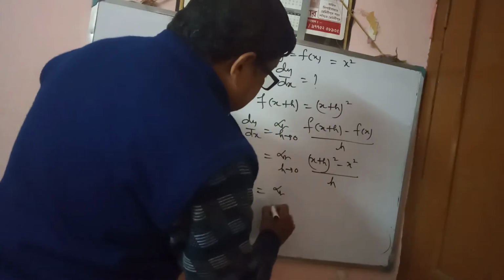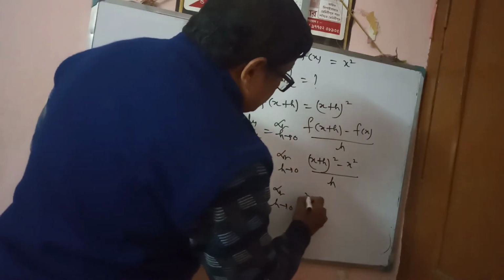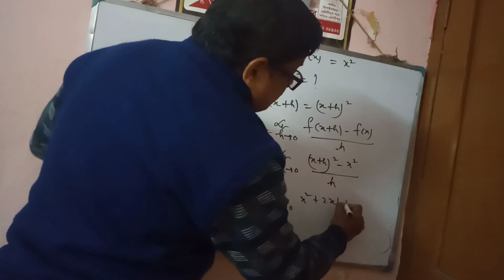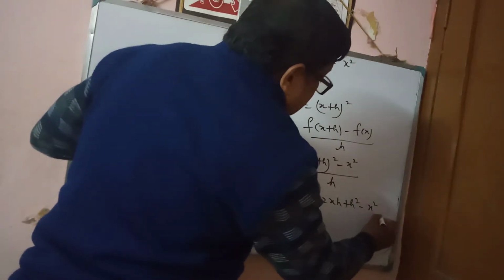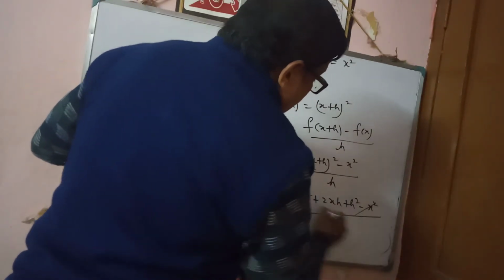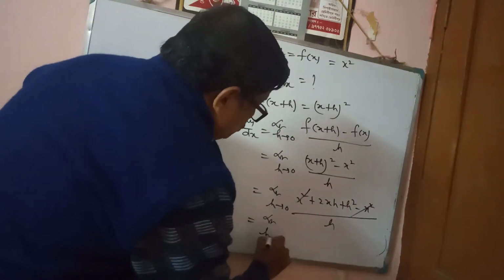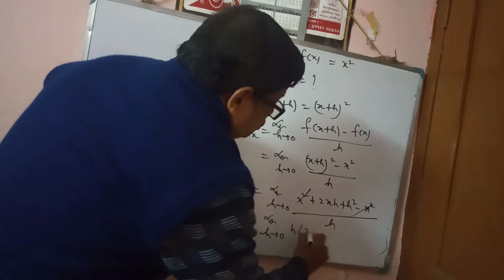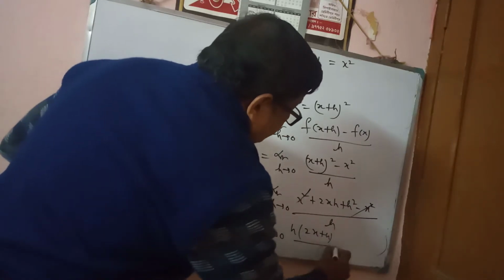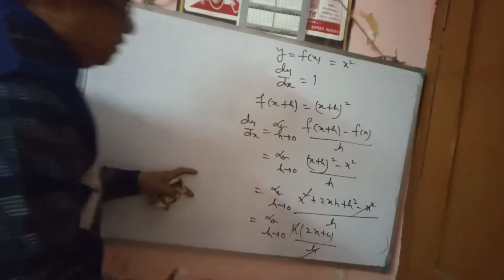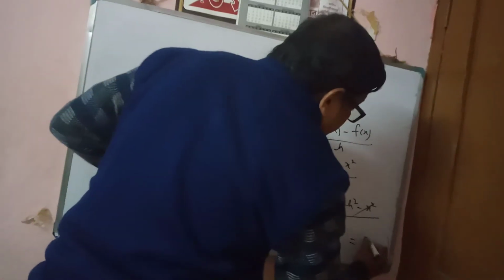So limit h tends to 0, x square plus 2xh plus h square minus x square by h. Both x square cancel. So write limit h tends to 0, take h common, h times 2x plus h by h. This h cancels. If we put h equal to 0, this will be twice x.